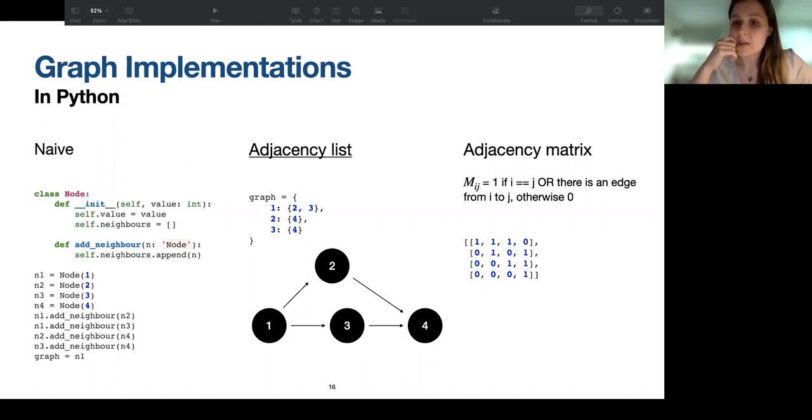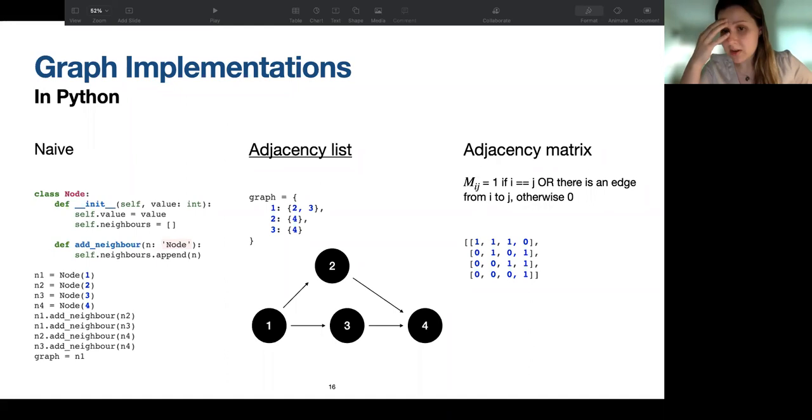And we say that the element of the matrix indexed by ij would be 1 if either i is j, or there is an edge from node i to node j. And you can see an example for an adjacency matrix for this little 4-node graph, which I have in the center.